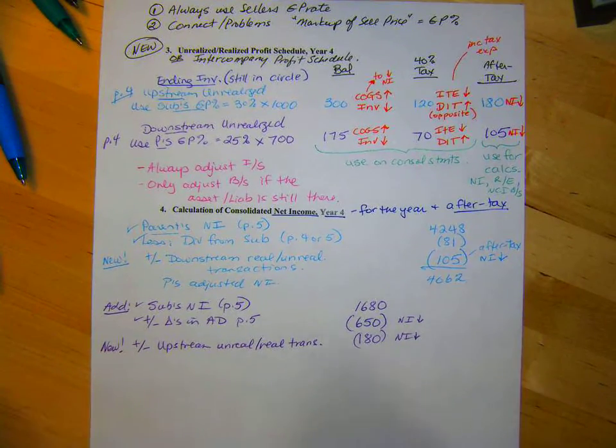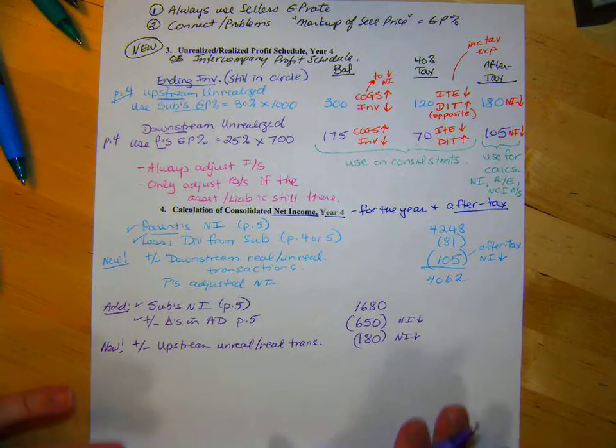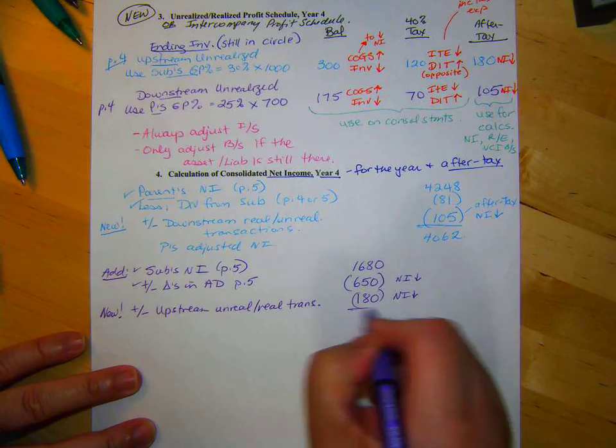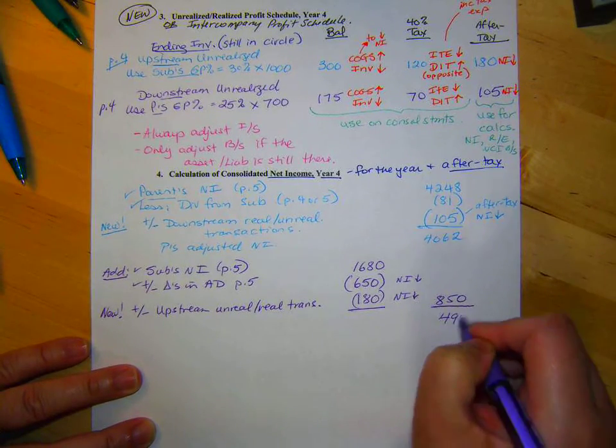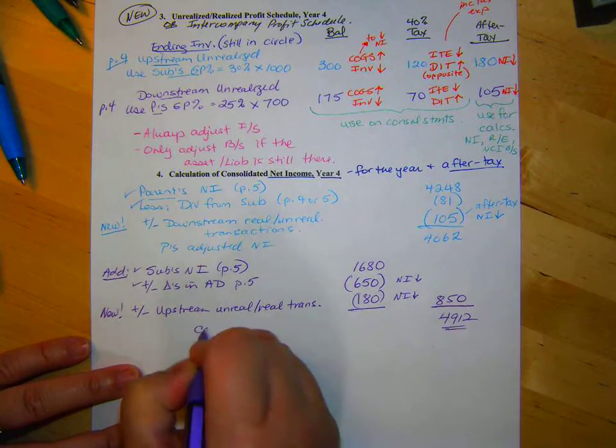It was still in the circle for consolidation purposes. So when I say it shouldn't have been there or it's wrong, I'm not talking about their separate entity statements. I'm totally talking about inside the circle. Okay, so we add that up. We get 850, and that works out to 4912, and that's our consolidated income.